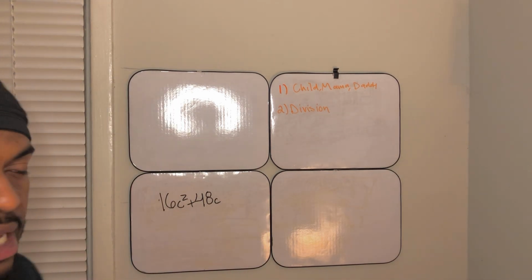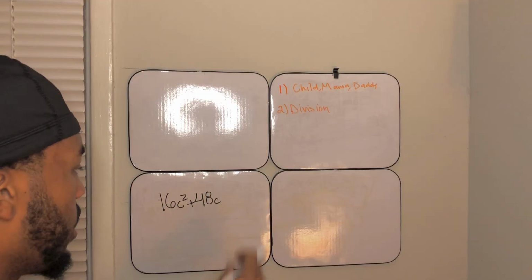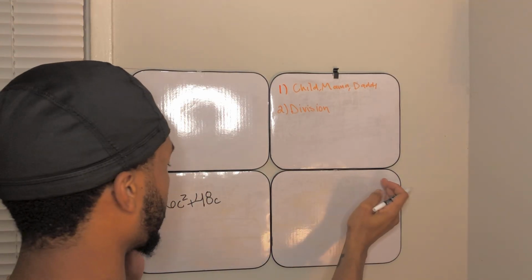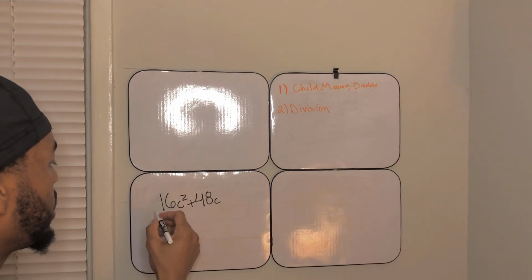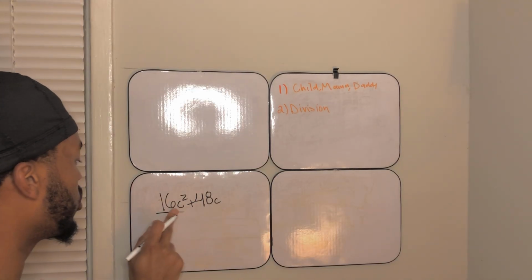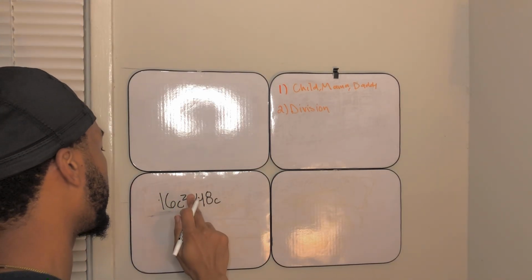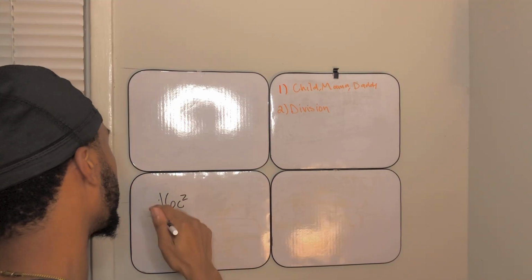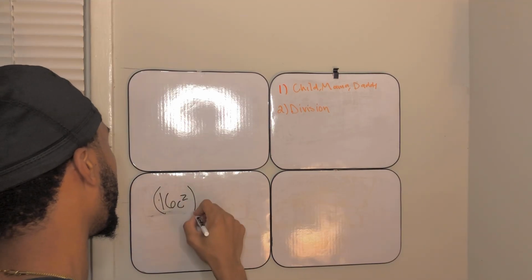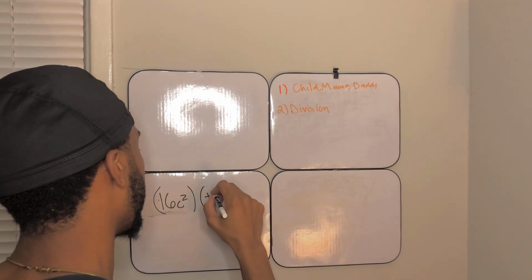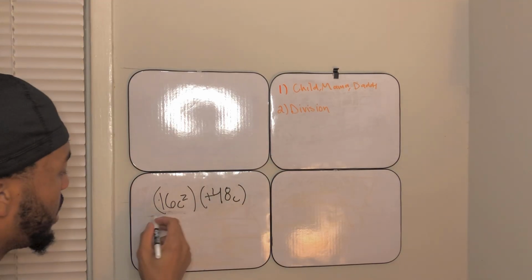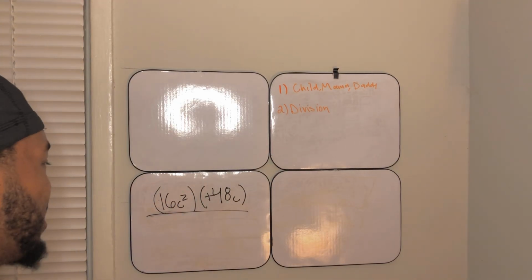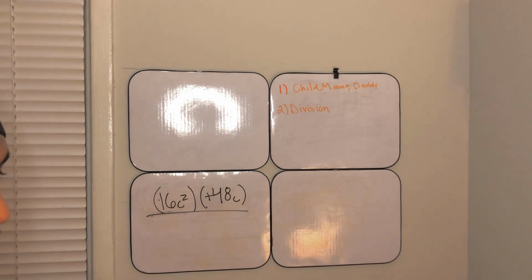All right, so same process. It's just division. You know what I mean? This expression could be this long, and it's the same process. We just see, is there anything in both of these? And I'm gonna use parentheses again just to make sure that y'all can keep up with what's going on. Positive 48c. Is there anything in both of these that I could divide or take out?